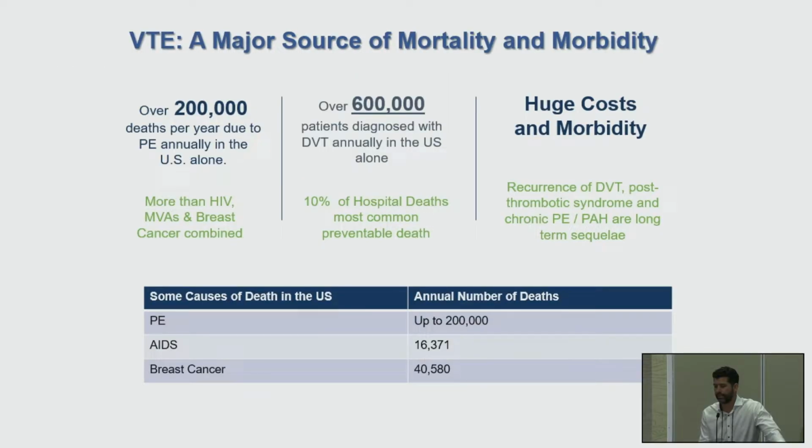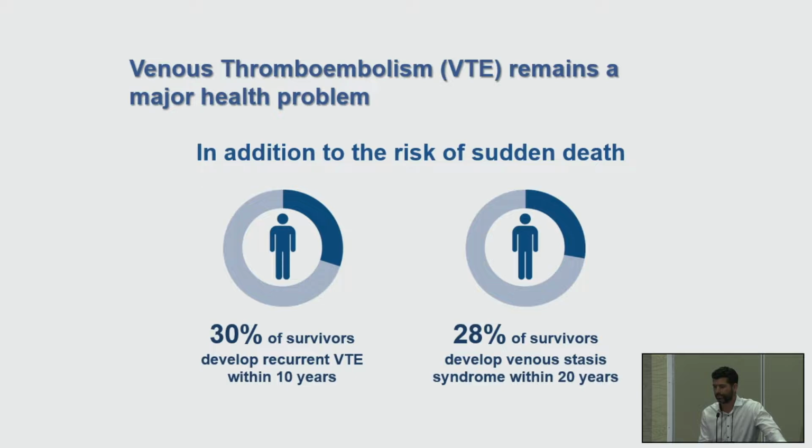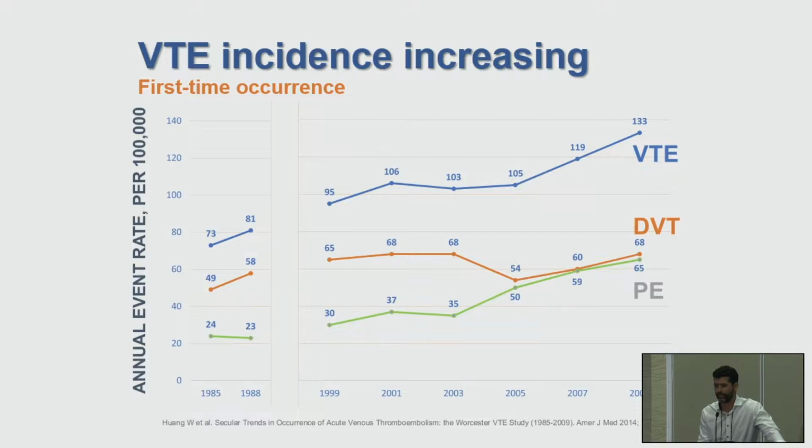Obviously, it's something that has gathered increasing awareness. We're seeing more and more of these patients. A lot of them have recurrent disease. These are patients that come back. About 1/3 of them have recurrent disease and can have lots of disabilities and increased mortality from their pathology. Here we see that the incidence of this problem is not going away.